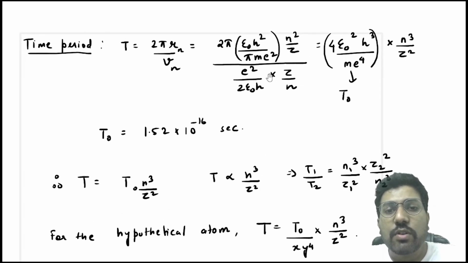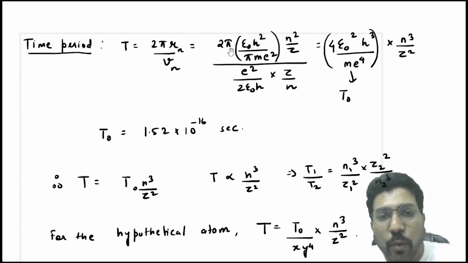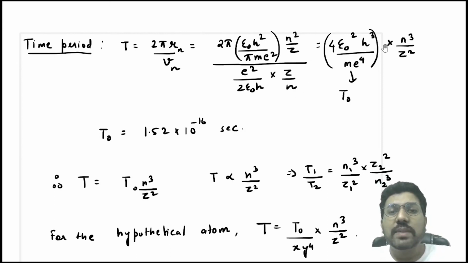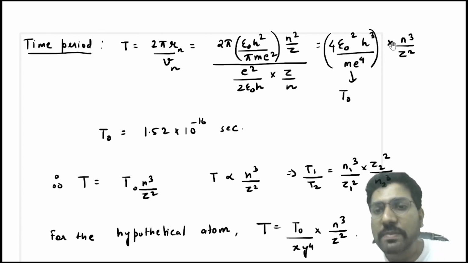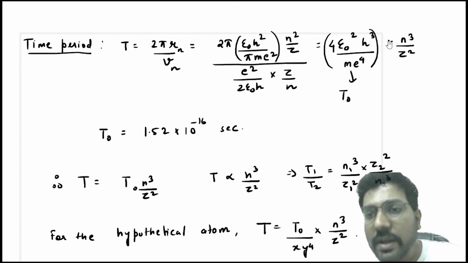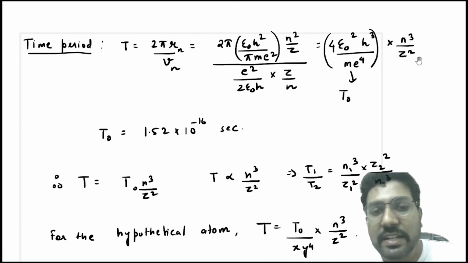Okay, so from this pi cancels and I will get 4 epsilon naught square h cube divided by m e square into e square, that is m e power 4, into n cube by z square. So the time period is 4 epsilon naught square h cube divided by m e power 4 multiplied by n cube by z square.